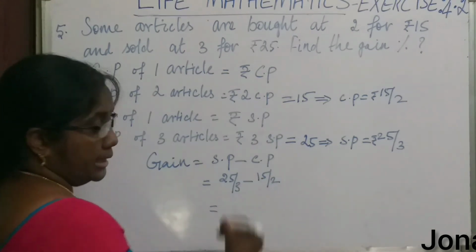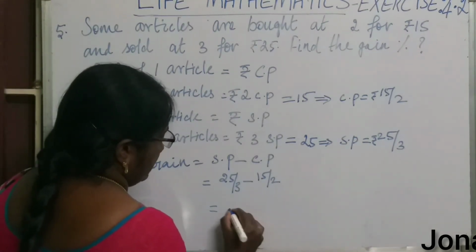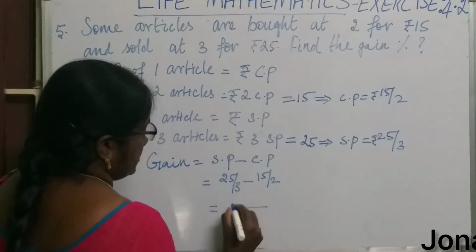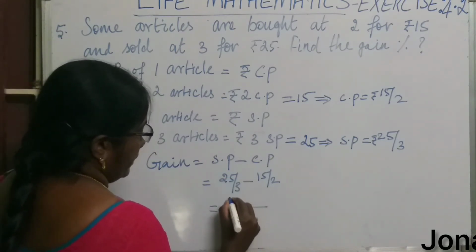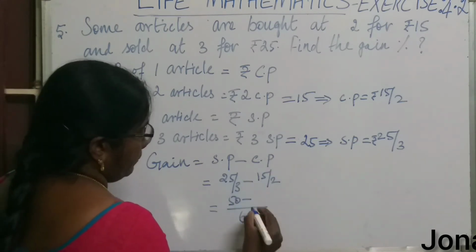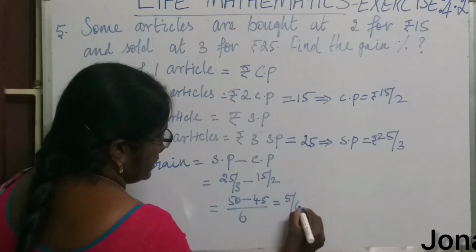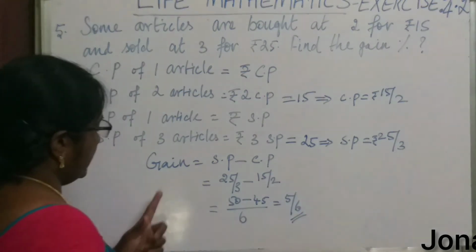We take the LCM for simplification. The LCM is 6, so we multiply 25 by 2 and 15 by 3. So this is 50 minus 45, which is nothing but 5 by 6. So this is the gain here.